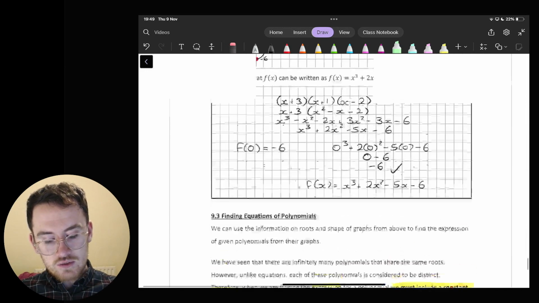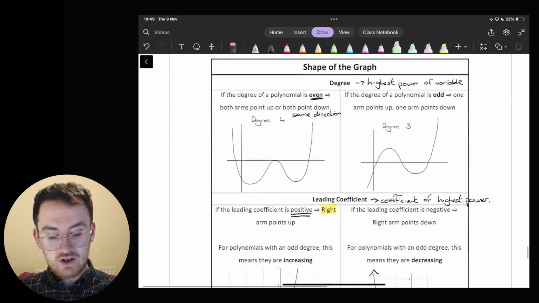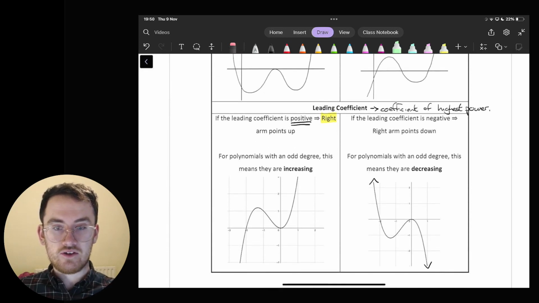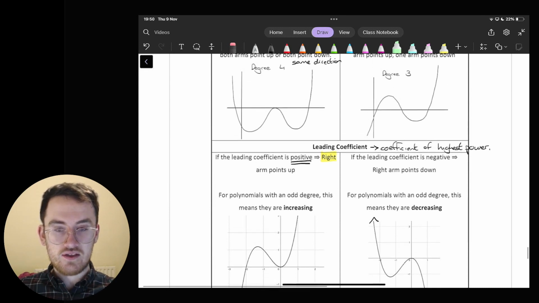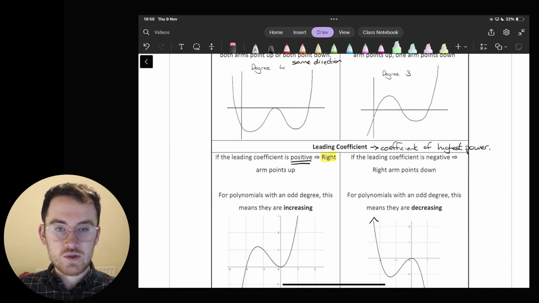Also important generally is to know how the root behavior, the degree and the leading coefficient influence what your graph looks like and how the arms behave, whether they're both going to point up, whether one's going to point down, which direction they are both going in, because that's going to help us to make those sketches much more accurate. And particularly when we move to functions, it helps us to be sure if our function's correct.